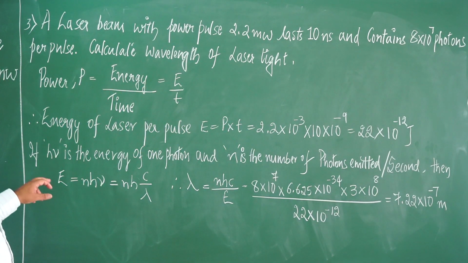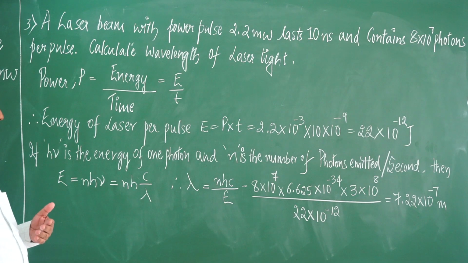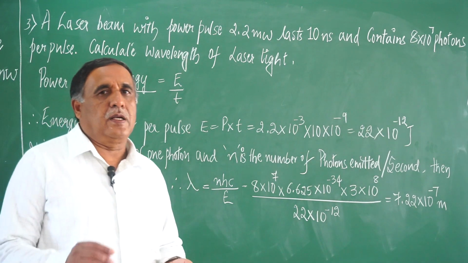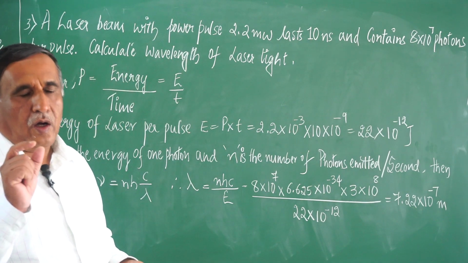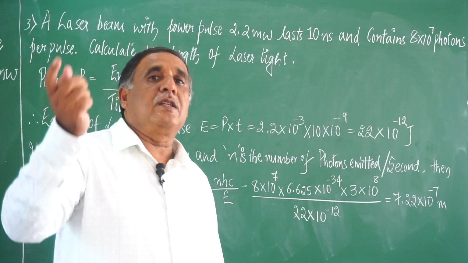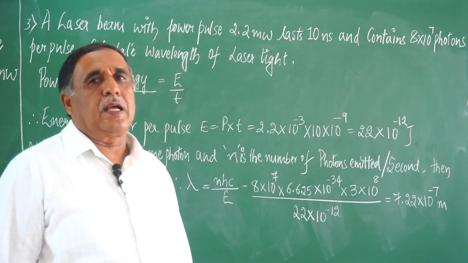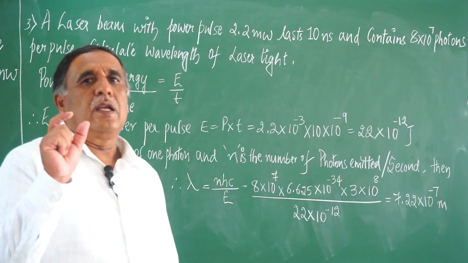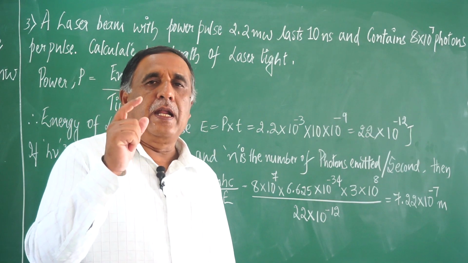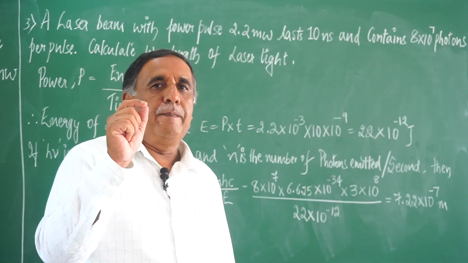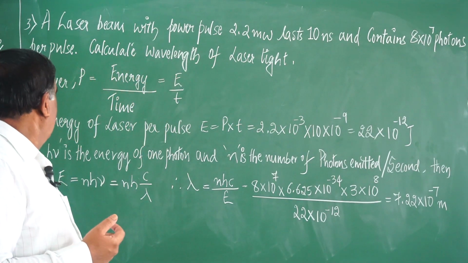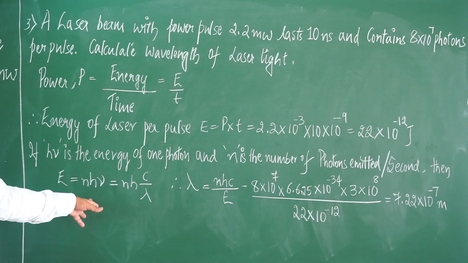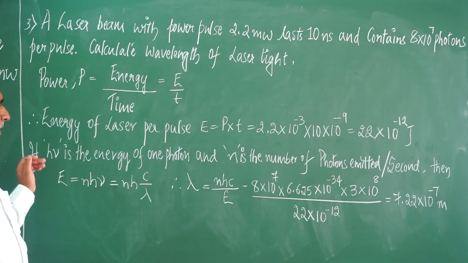The next one: if h nu is the energy of one photon emitted, and n is the number of photons emitted per second, I repeat, if h nu is the energy of each photon and n is the number of photons emitted, then E is equal to n h nu. Very standard relation, as you used in the previous problem.